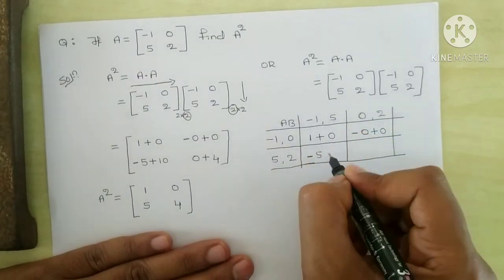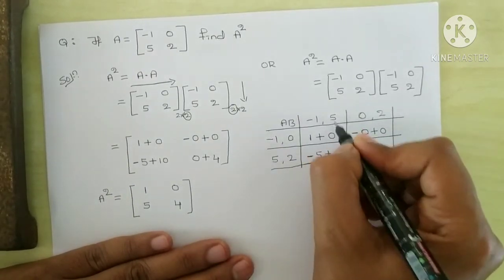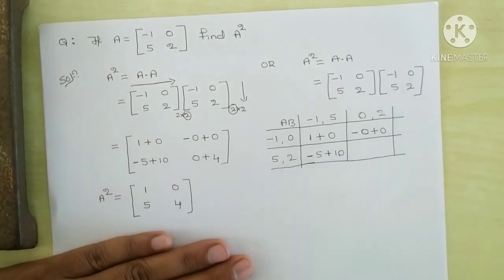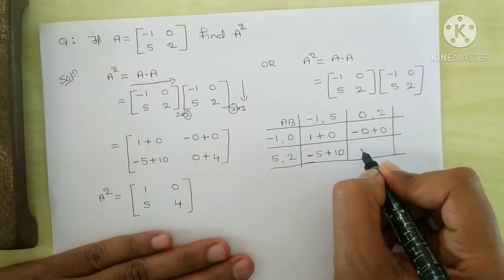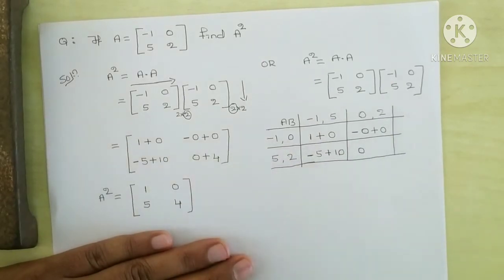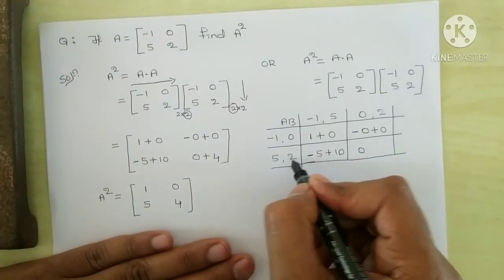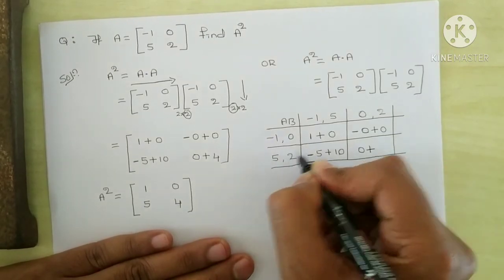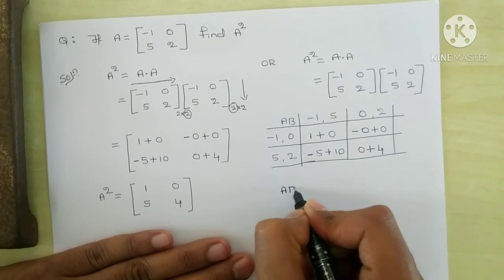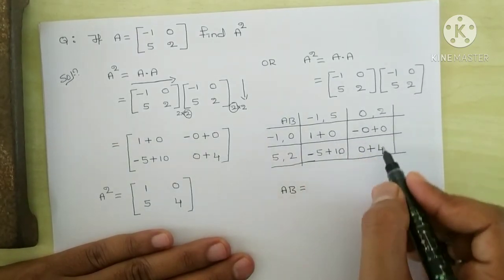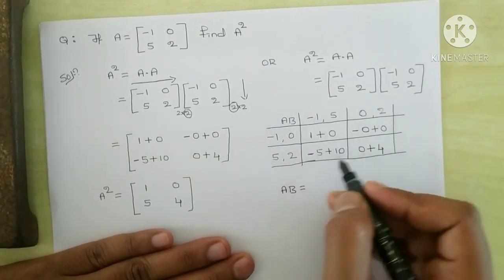Next, plus into plus is plus, 2 into 5 is 10. Next, plus into plus is plus, 5 into 0 is 0. Next, plus into plus is plus, 2 into 2 is 4. Therefore, the final answer comes in this pattern only.